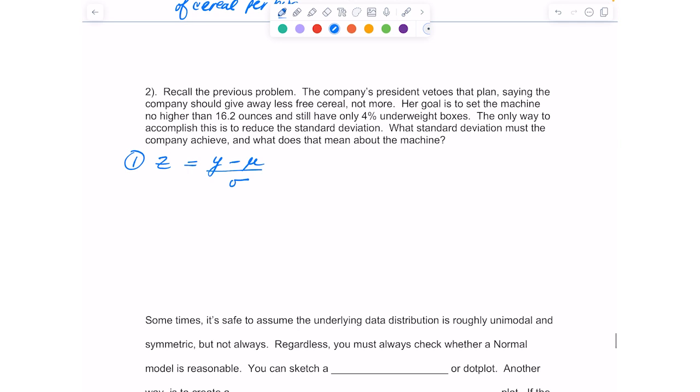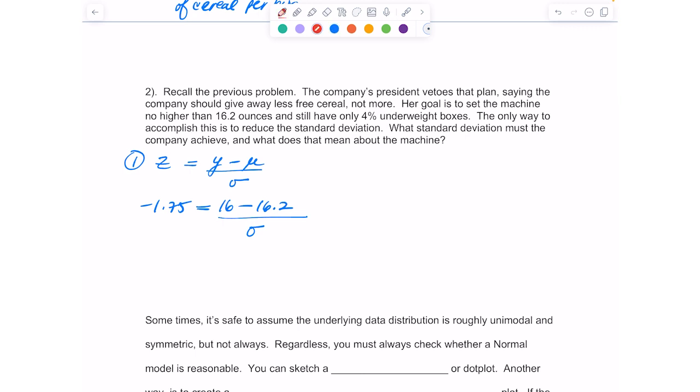So I know that my z-score was negative 1.75 from the last problem, okay? And I know that y is 16, and my mean is 16.2. And I'm looking for the standard deviation, so sigma.